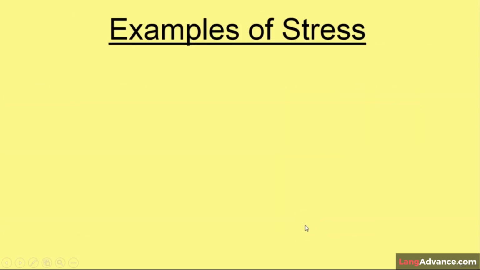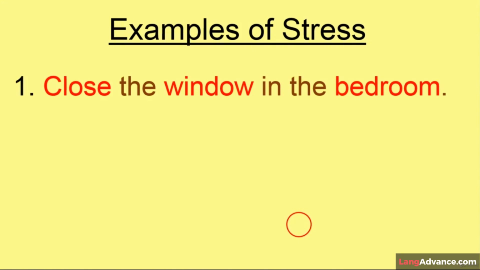But let's look at some examples of how we use stress in English. Close the window in the bedroom. Notice these words here, close, window, and bedroom, are the most important words in the sentence.